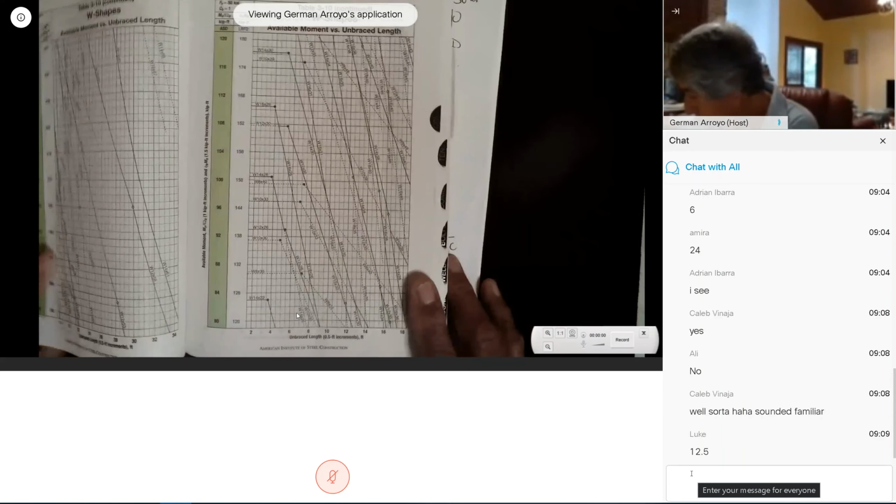Okay. Look. And here it goes to 18. And the moment, what is the magnitude of our moment, the M sub u? 192. So if I go to this page, I cannot use this, so I have to go to the previous page.